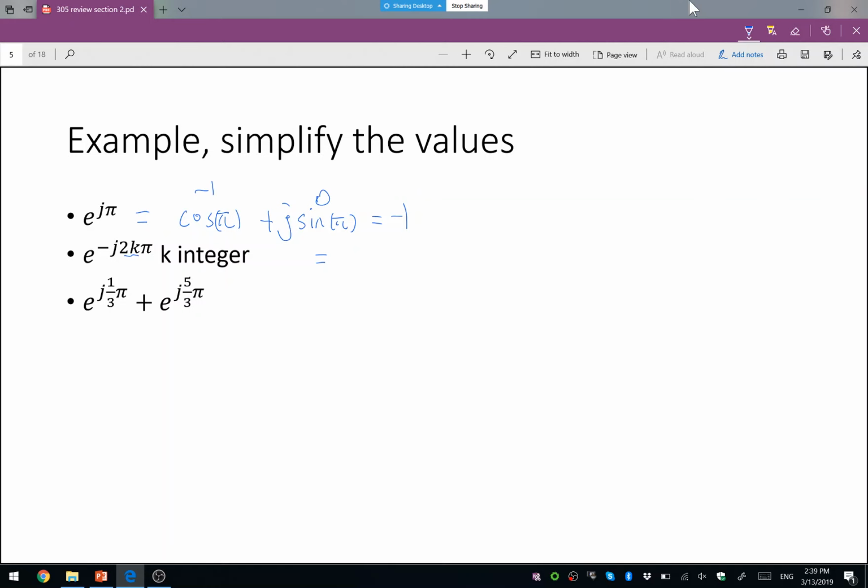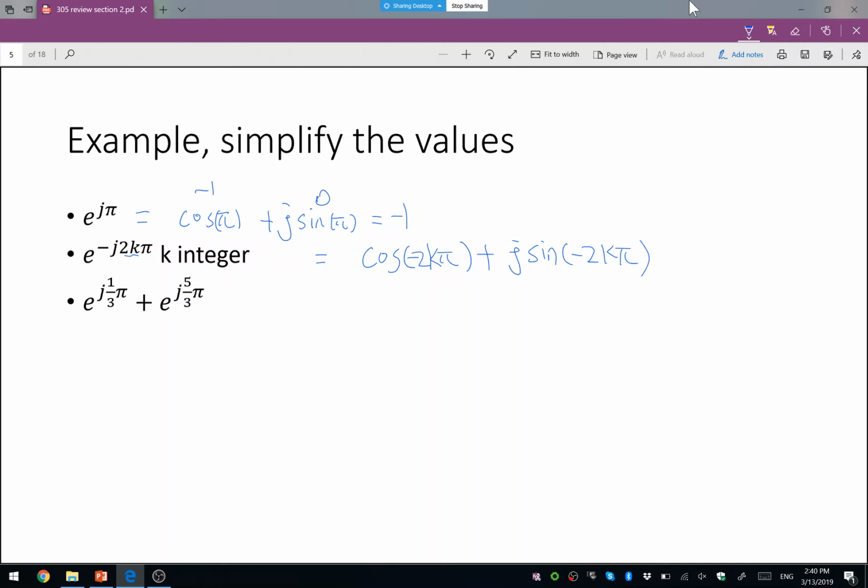Can you show the steps here? Cosine of negative 2k pi plus j sine of negative 2k pi.